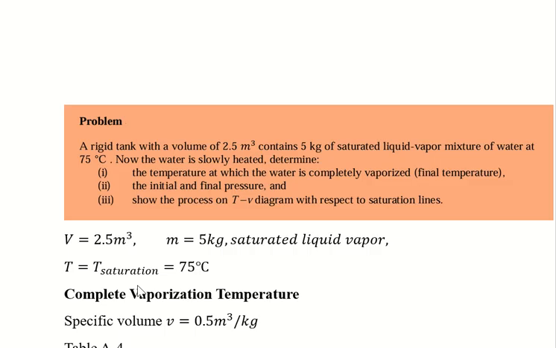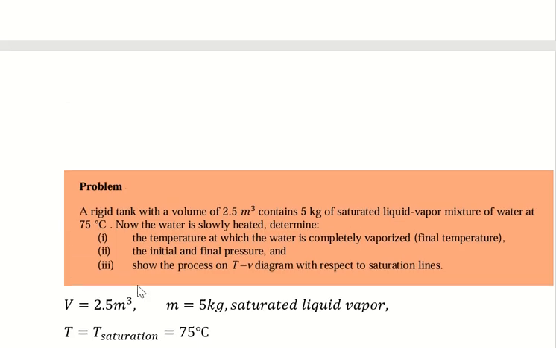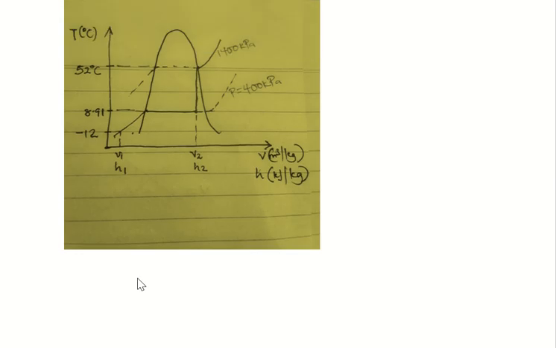Well, it's still under the dome shape, but it just hit that other boundary line. I can use this diagram to show you. It's somewhere around here. If it moves past this side, it would be called superheated vapor, but it's still on this line. That means the larger portion of it is vapor.